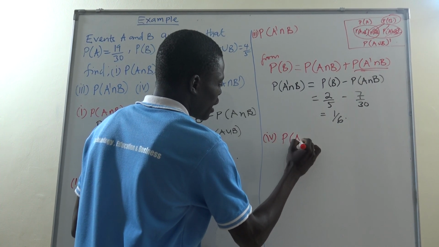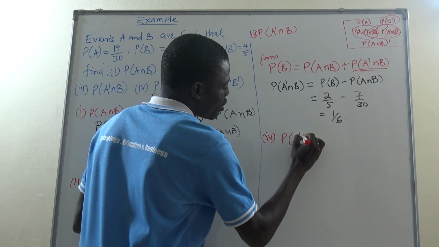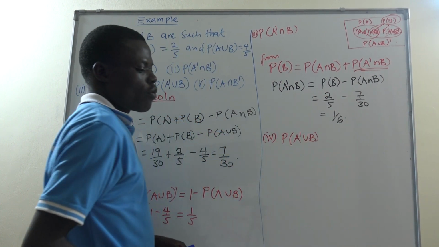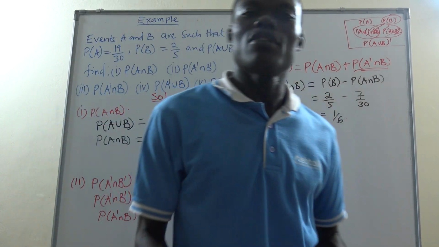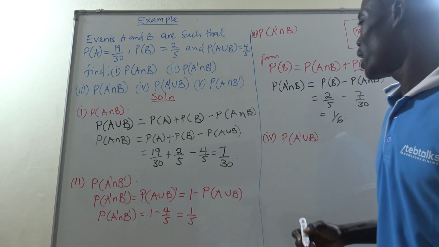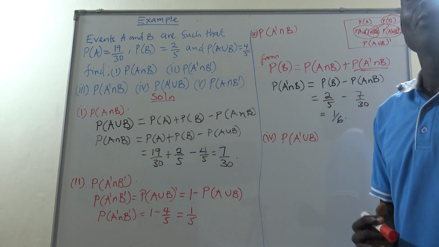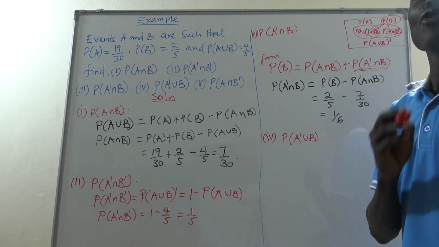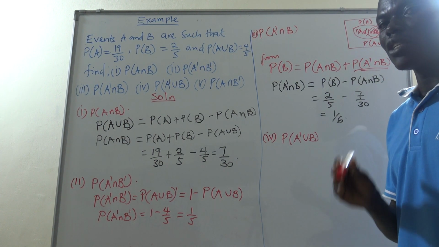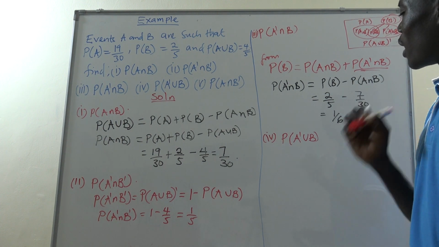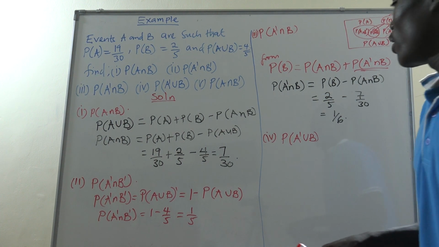Then we have the first Roman, probability of A complement union B. So where do we get this probability of A complement union B? Probability of A complement union B is got from probability of A union B, and then you put complements on that value that is having union.